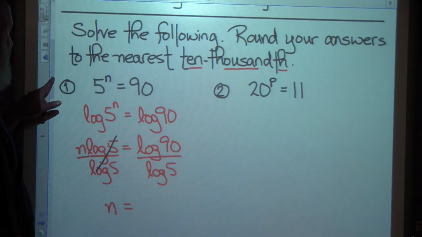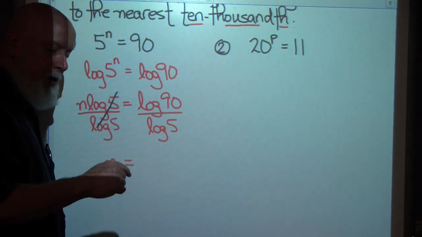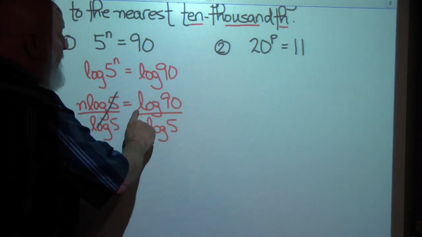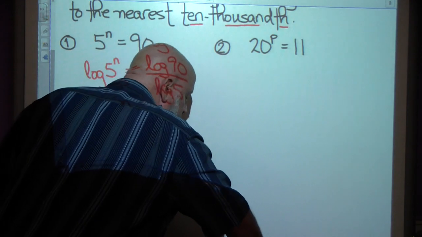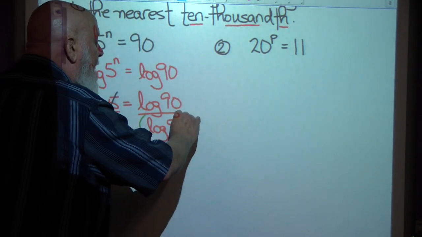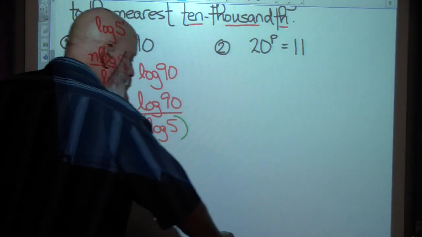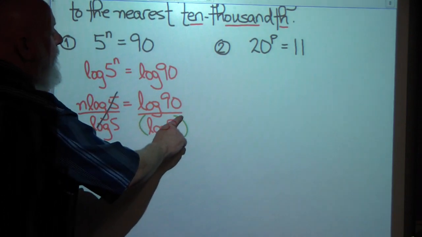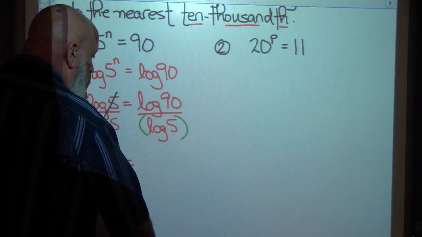You're going to take your calculator and go log 90 with your calculator, just hit the log button and 90, divided by, or you could use the fraction bar. And it's always a good idea when you're dividing logarithms and whatnot to put the bottom of your fraction in parentheses, even if you don't need to. It won't hurt anything. It's just a good habit to get into, and that way your calculator won't misinterpret what you're trying to do.